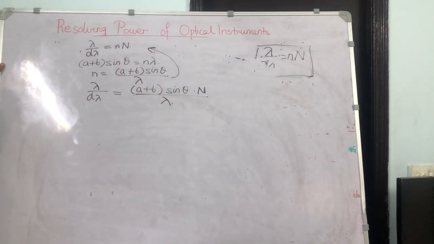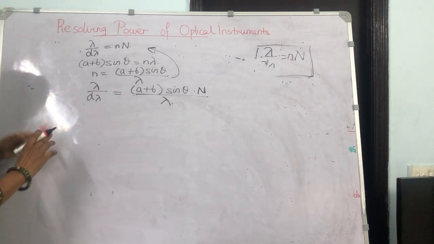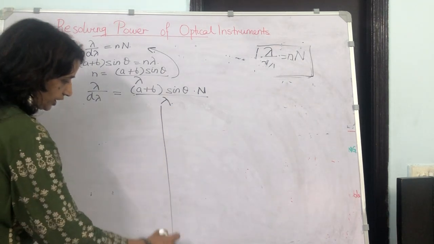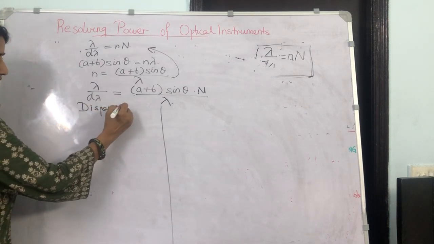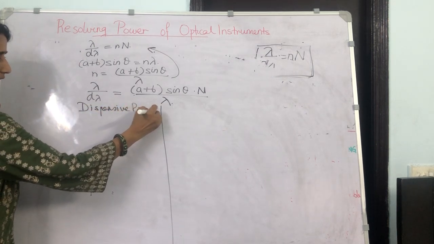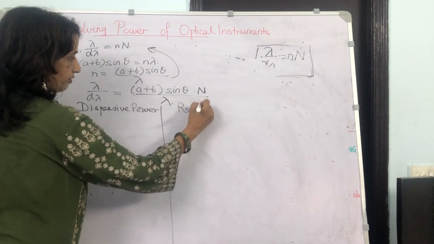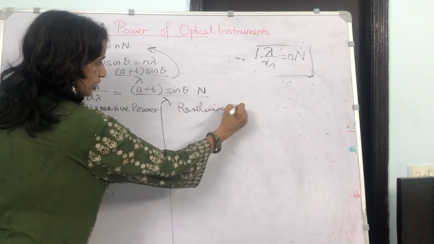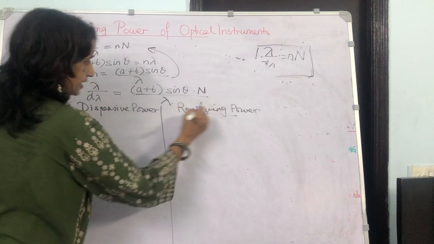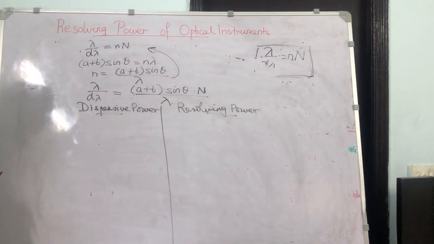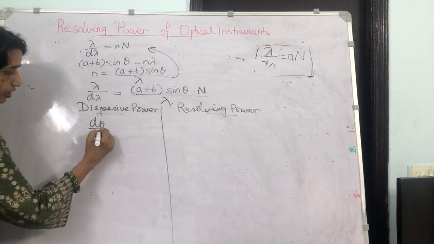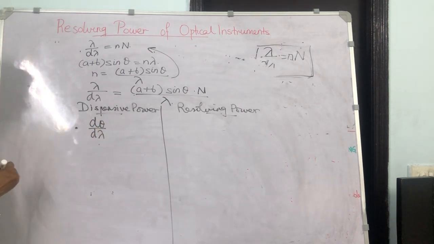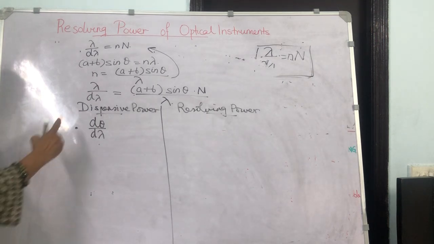Both are correct. Now quickly, this question is asked a lot. Give 2 or 3 differences between dispersive power and resolving power, right? So what are the quick differences? Let us do them with the help of the formulas we are memorizing. Dispersive power is the rate of change of angle with wavelength, d theta by d lambda.